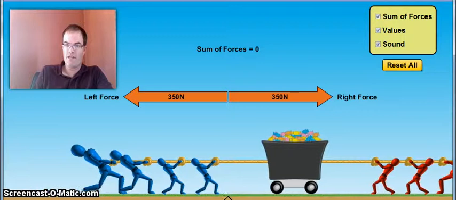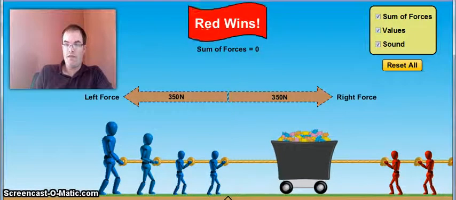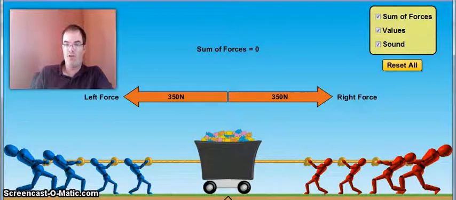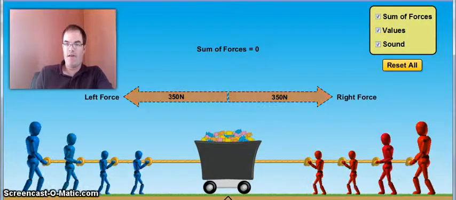We see that the red team wins. Now, that's an interesting thing to take a look at. Previously, when I had both teams pull against each other, we had static equilibrium.